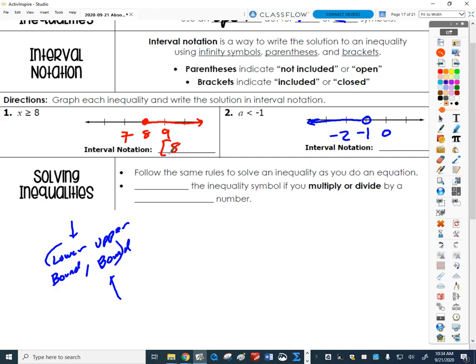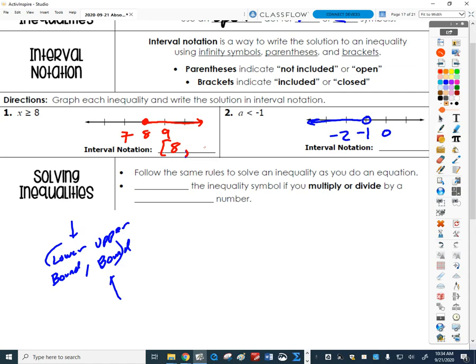And I put brackets because I am including the 8. It's a closed endpoint, which means we are including that value. It goes forever to the right. So how could I assign a number up here to the right that means it goes forever? Infinity. Yeah, and it's not really a number, is it?